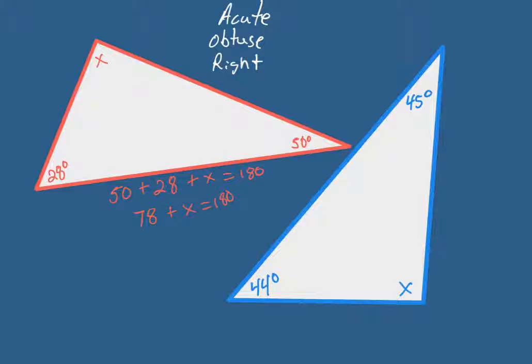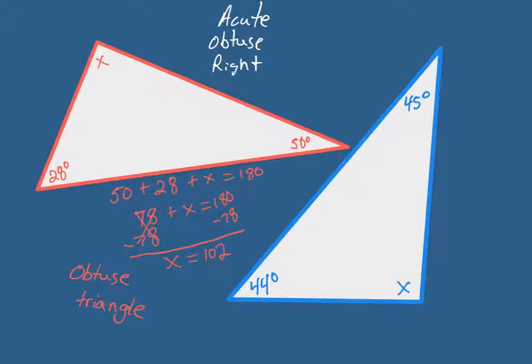And then I'm going to do minus 78 minus 78. Cancel that out. I get x is equal to 102. And because x is 102, which is bigger than 90, that would classify this as an obtuse triangle. Right? Not too bad. I think we covered that one okay.